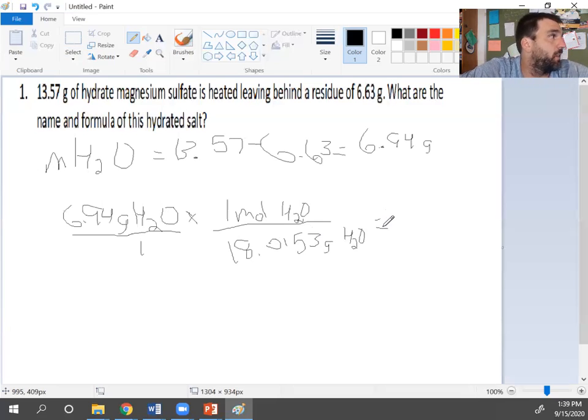Seven divided by 18 is going to be around 0.38. What's that equal?